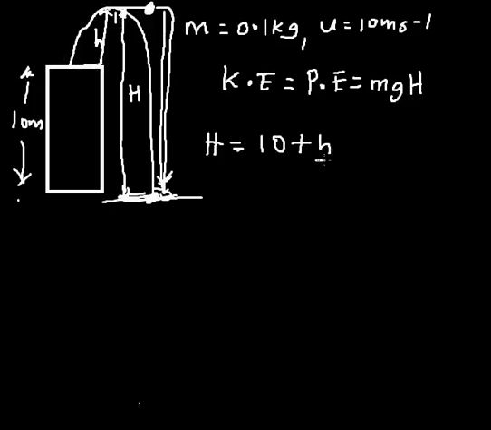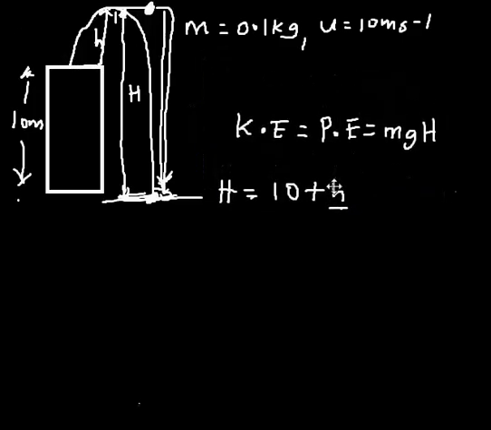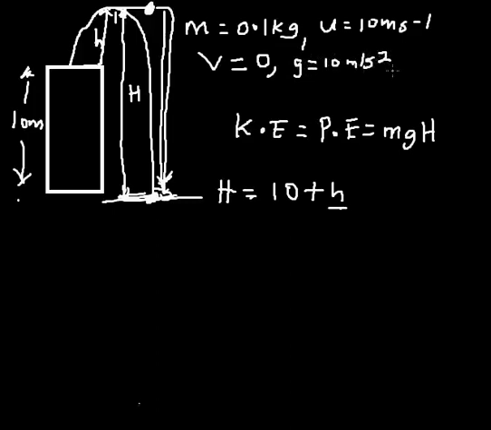So the question is, how do I get this small letter h? For me to get small h, I have to apply the equation of motion under gravity. At the maximum height, you should know very well that the final velocity is equal to zero. We've done this before. We also know that my g remains 10 meters per second squared. What I'm looking for as my unknown is small h. Given the parameters u, v, g, and h, which equation of motion do I need to apply?